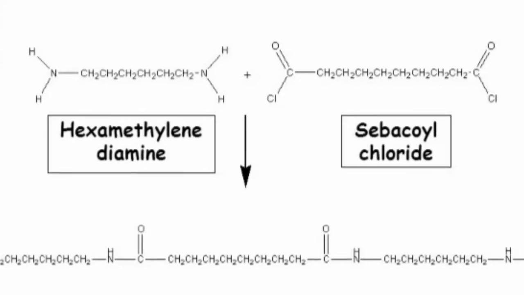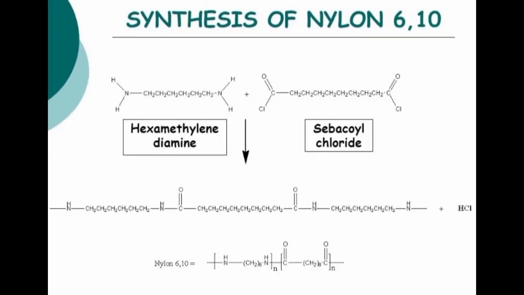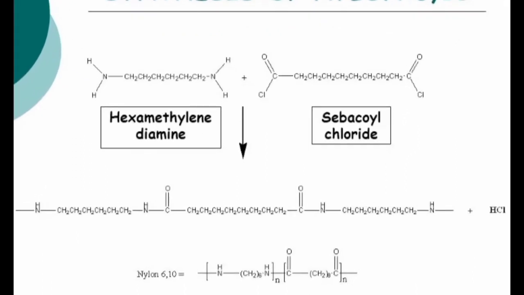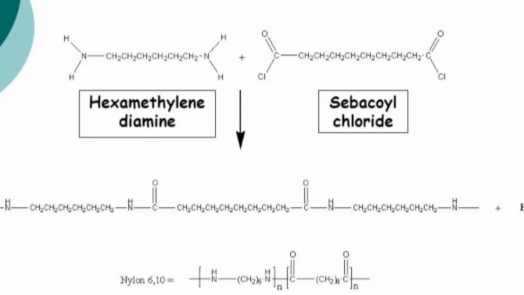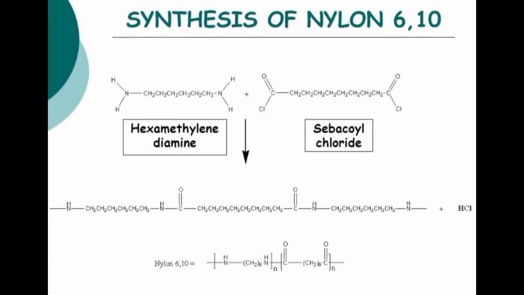This linkage is like this. You can see on the screen. In such a way, there is formation of nylon 610 polymer. This nylon 610 is generally written as NH CH2 to the base 6, NH to the base n, then C double bond O, CH2 to the base 8, CO. In such a way, nylon 610 is formed.